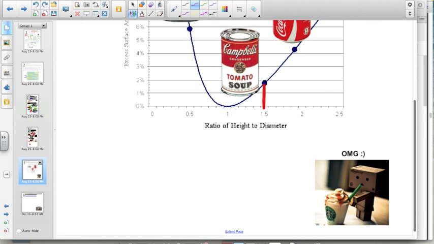I guess this is a ratio, so that's not helping me. But it says the excessive surface area is. So the top of the soup can is actually a little smaller, and they make the can a little taller. And the question is why? The optimum would be if there's that 1-to-1 ratio of height to diameter.